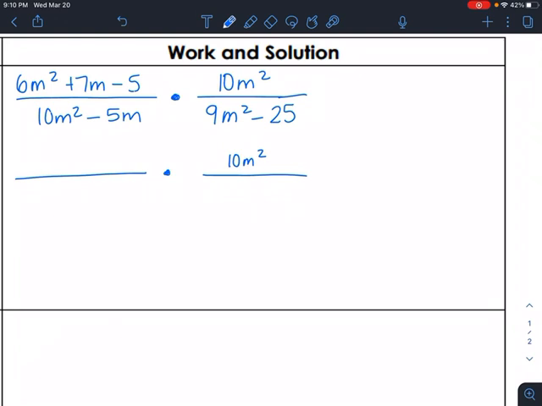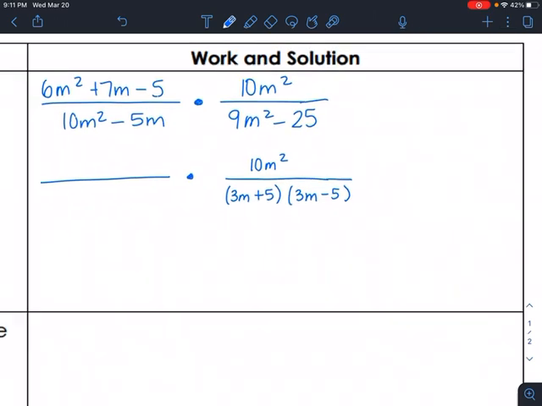For the bottom row, if we factor, I'm going to get 3m plus 5 and 3m minus 5, because 3 times 3 is 9, 5 times 5 is 25, and it's the difference of those two being multiplied.